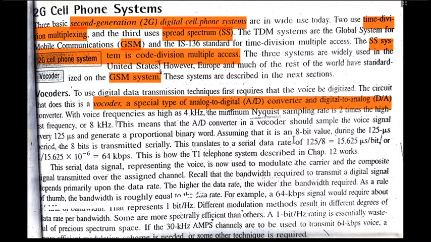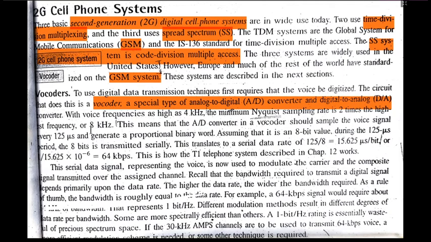If it's a pure AMPS phone, then the analog signal is compressed directly. But now the vocoder needs one intermediate circuitry part, that is an analog to digital and digital to analog converter.